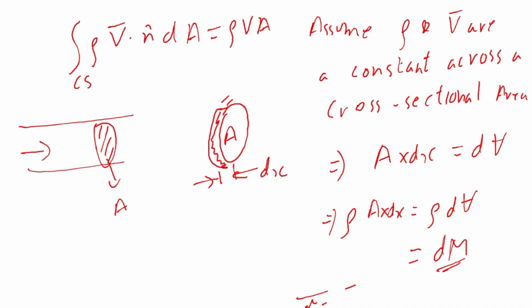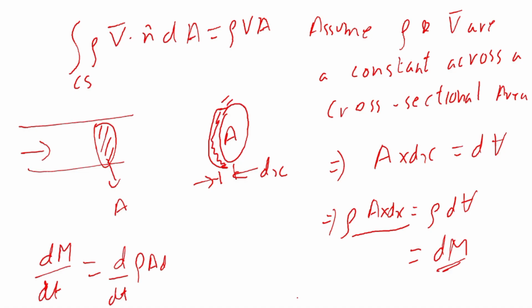Let me just rewrite it so it's clear. So you have dm dt. If you substitute m as rho A dx, you have d dt of rho A dx.